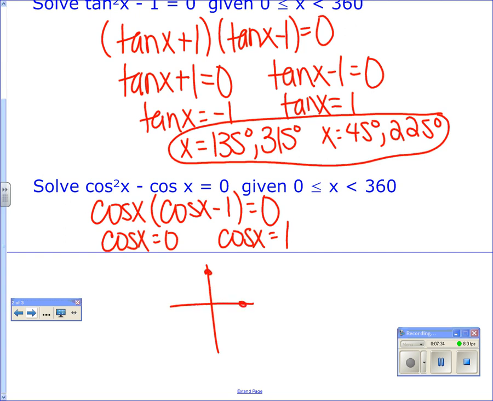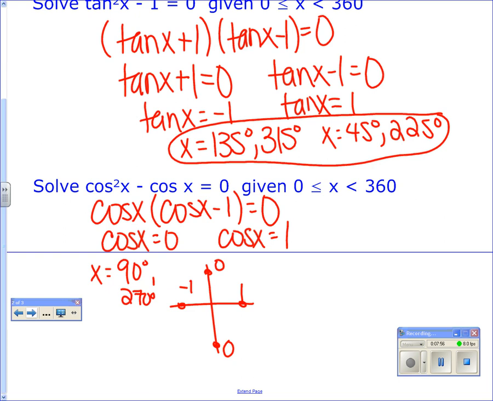These 4, yeah, they're points. Is cosine the x or the y value? Okay, what is the x value here? Okay, when is cosine 0? 90 degrees and 270 degrees.